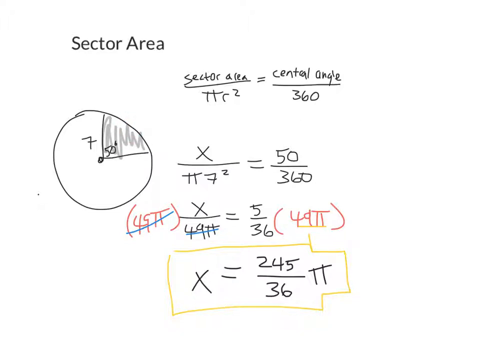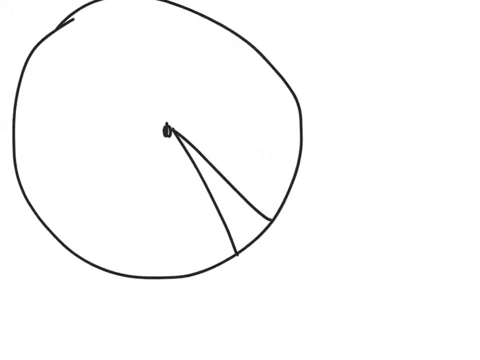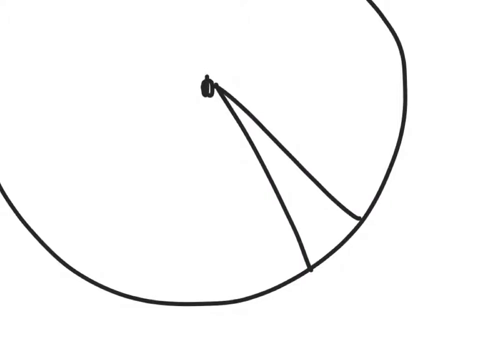Hopefully that makes sense. So as usual, I'm going to erase all of this, and I want you to try now to find the sector area of this guy right here. Central angle, very small central angle, 15 degrees.